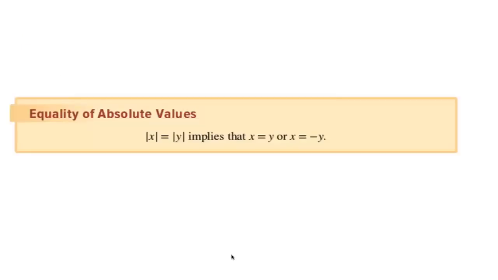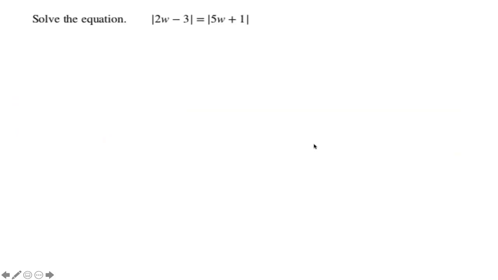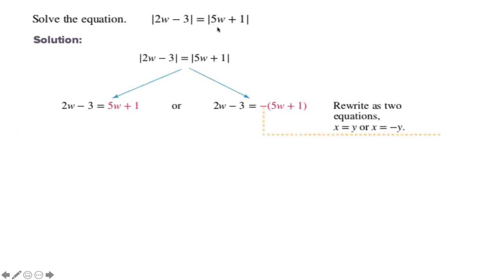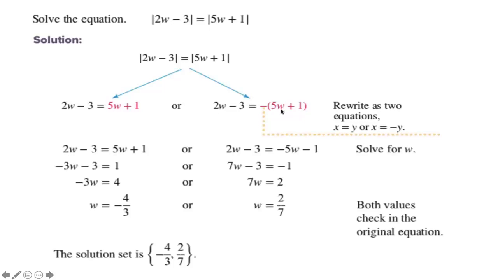And if I have two absolute values, it's the same thing, except that absolute value of x equal to absolute value of y means that either x is y or x is negative y. So notice I have two absolute values, so let's do two things. Either 2w minus 3 is 5w plus 1, or 2w minus 3 is equal to negative of 5w plus 1. And so I just solve for each individually. So I solve the left side.